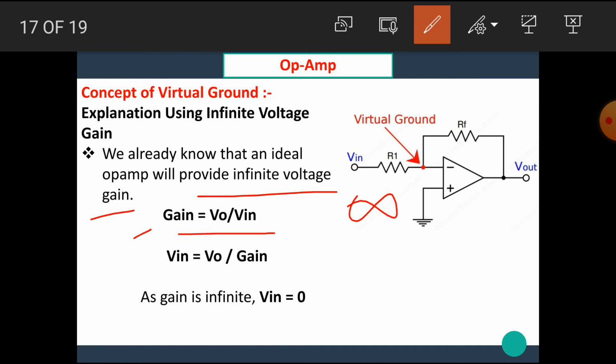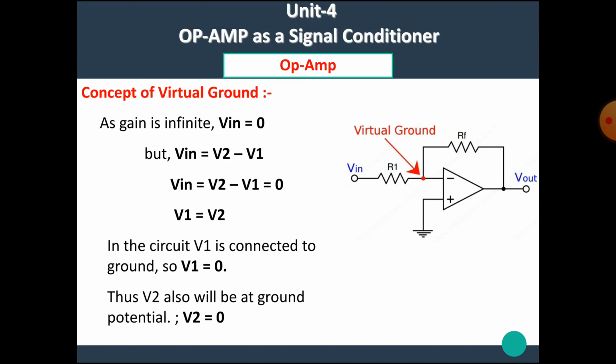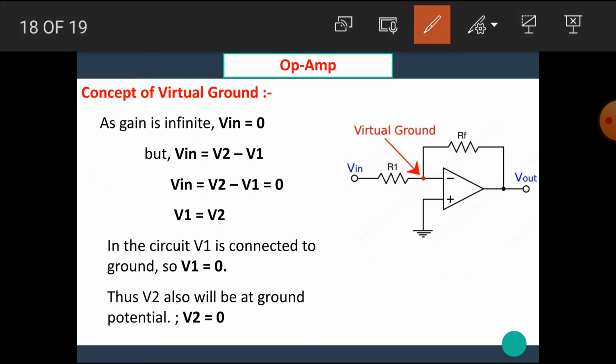If we rearrange this, then we get V in is equal to V out upon gain. As the gain has the infinite value, V0 upon infinity, we get V in is equal to 0. That means the value of input is equal to 0.